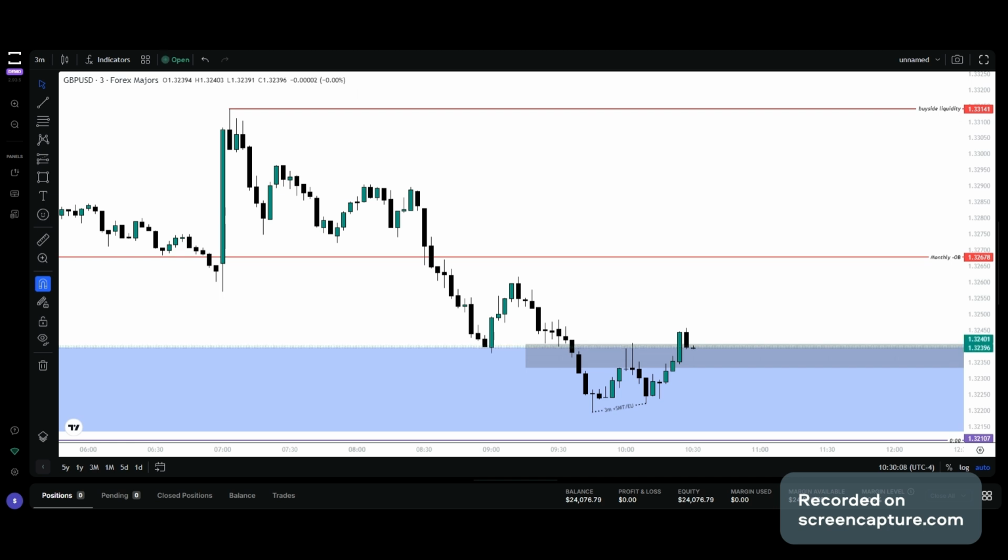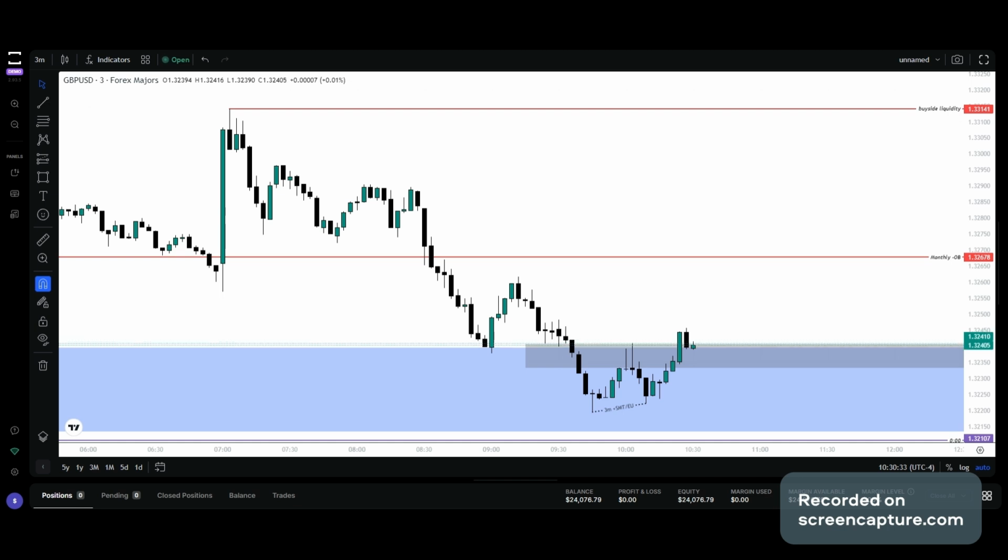Okay, so 10:30 now. See, we have our gap. And again, I want to see this high here get taken out. An aggressive entry long would be here. This would be very aggressive, and I'm contemplating doing it.